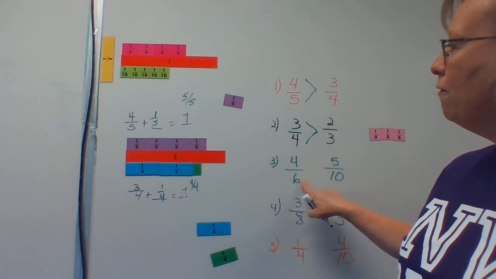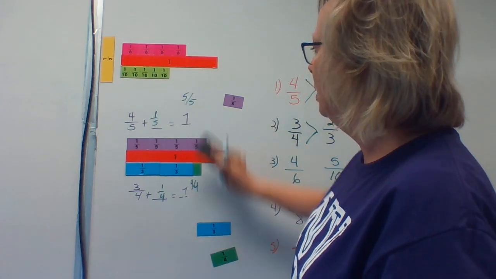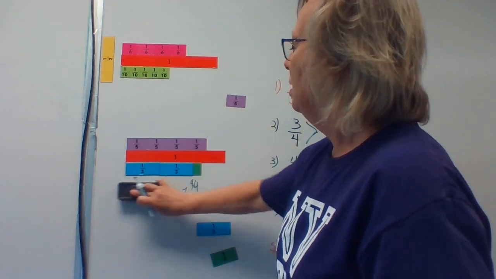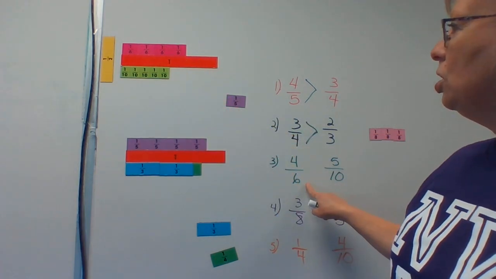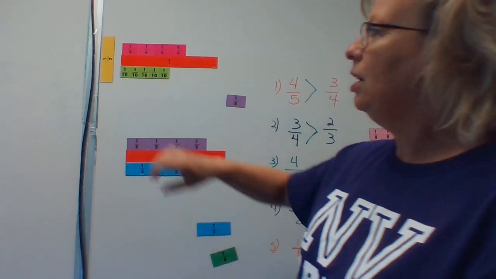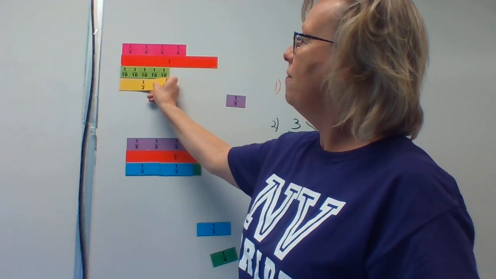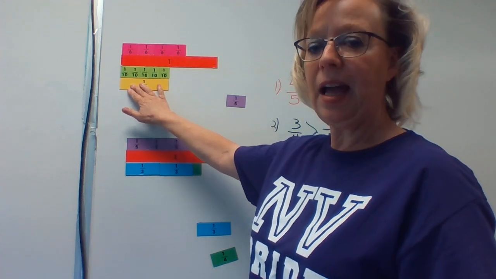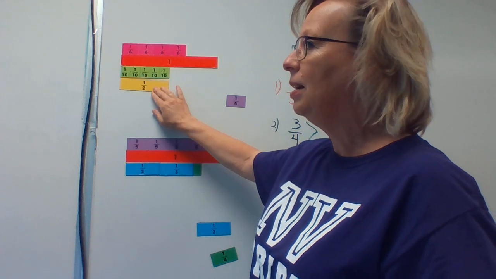What about if I look at 4/6? I'm going up to the top right now. 4/6 compared to 5/10. Now if I look at this, I kind of notice that 5 is half of 10. So 5/10 is the same as 1/2.